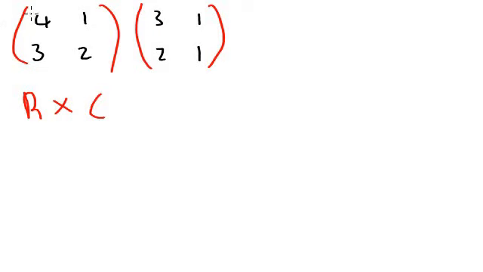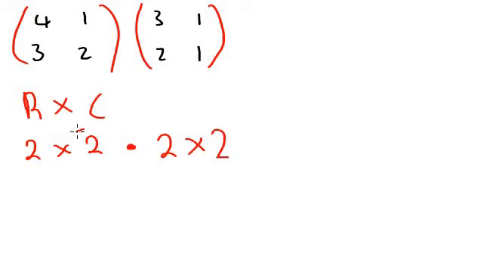So in the first matrix, how many rows do we have? There's the first row, there's the second row. So we have 2 rows. How many columns? We have 2 columns. While in the second matrix, how many rows? We have 2 rows. How many columns? We have 2 columns.